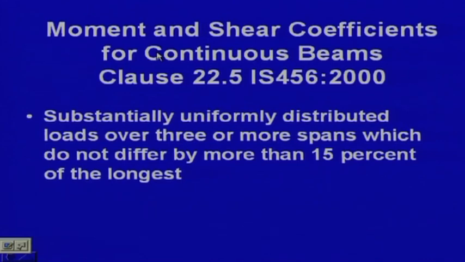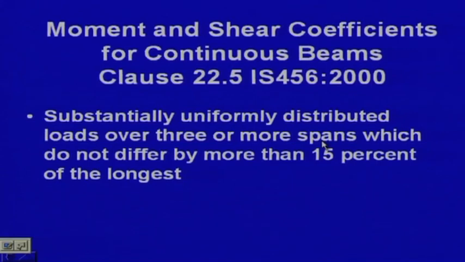Our code says that moment and shear coefficients for continuous beams, you can get in clause 22.5. I always refer to these clauses so that at least you should note them down and can refer to them. So, where shall we use this? Our code gives a few coefficients for substantially uniformly distributed loads over 3 or more spans.